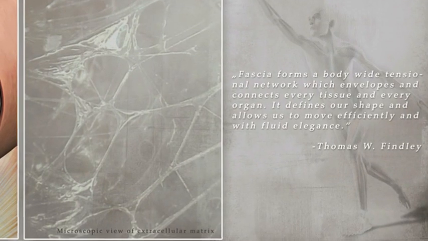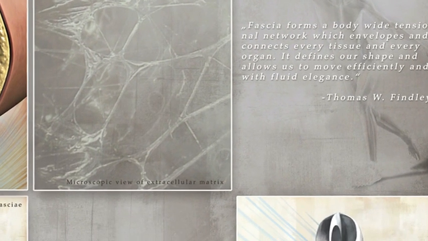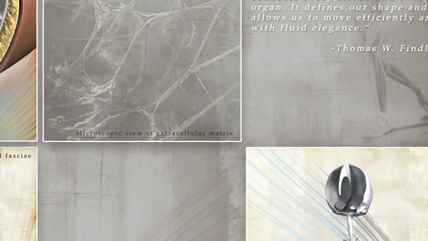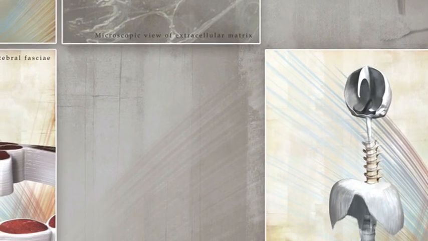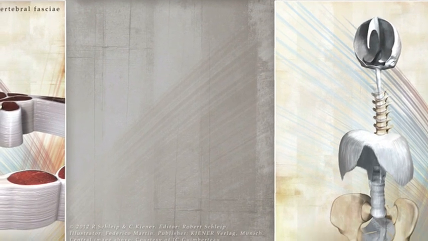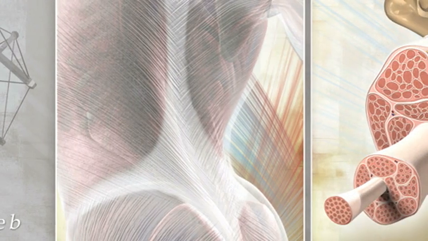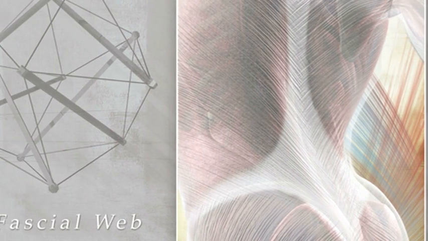There we wrote in the invitation that our understanding, our picture of fascia is that of a whole body-wide connective tissue suit in which the tendons, the ligaments, the retinacula, they all are part of a body-wide tensional network.